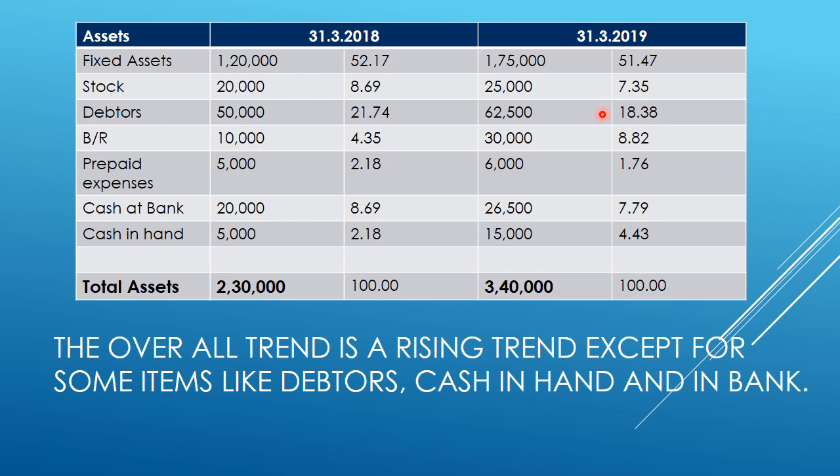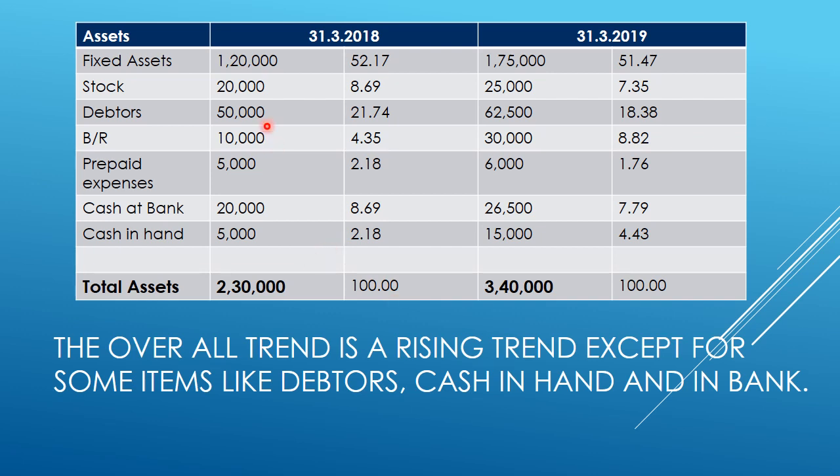That's the use. What you are getting is the proportionate analysis of each component of your financial statement to the total of your financial statement. That's the beauty of the statement. And when you have to solve this in an examination, you just have to do this part. Like we have done in the previous picture for total liabilities, we have calculated the percentages, and in this, for total assets, we have to calculate the percentages.